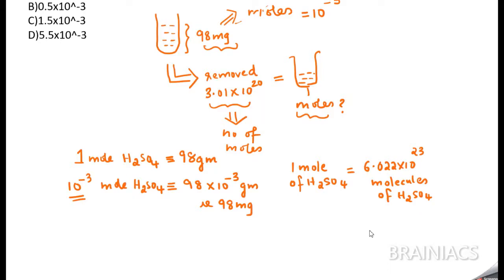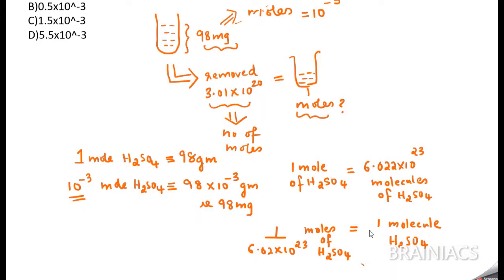First let me convert this into one molecule. To make this value one molecule, divide by the same number, 6.022 into 10 power 23. So it becomes 1 molecule of H2SO4. When you divide on the RHS, do it on the LHS, so this becomes 1 by 6.022 into 10 power 23 moles of H2SO4.